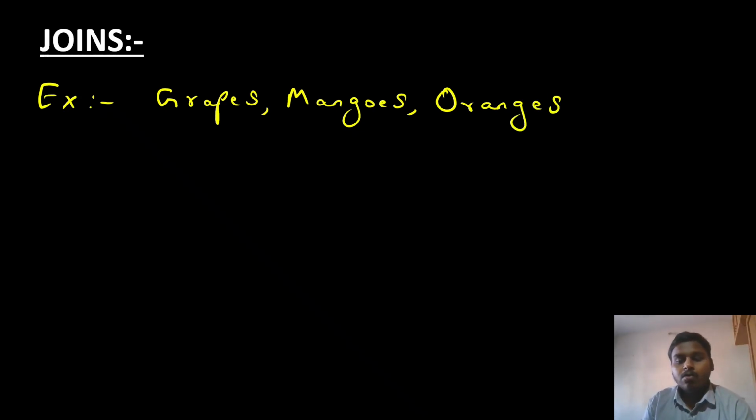You want to buy the best quality, and you are a good geography student. So you know that much better quality grapes you can get in Nagpur or Nashik. Which place? Nashik.